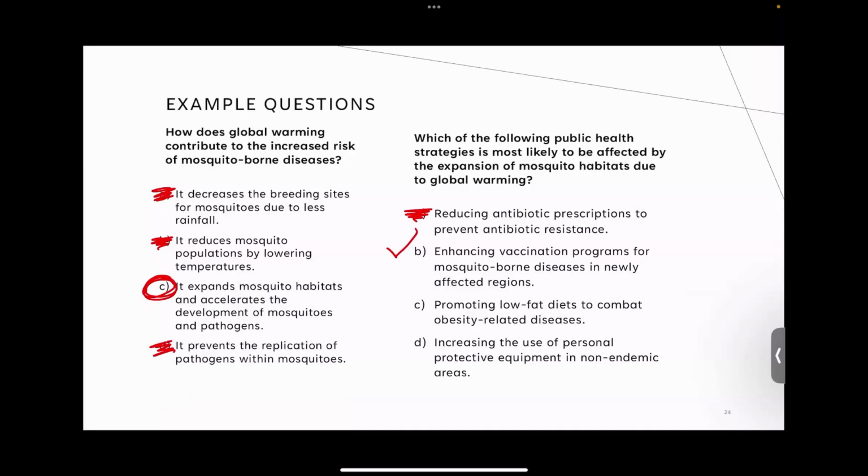We have promoting low-fat diets. That might help your health overall if you are morbidly obese, but that's probably not going to be specifically related to the mosquito population increase. What about increasing the use of personal protective equipment in non-endemic areas? Might that be an issue? That might be, but is that necessarily a cause of the mosquito population itself and how we react directly to that? B is our best answer.